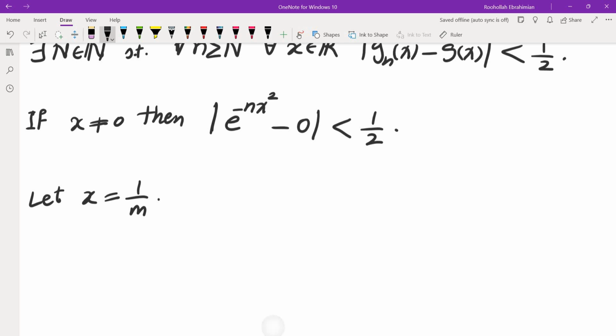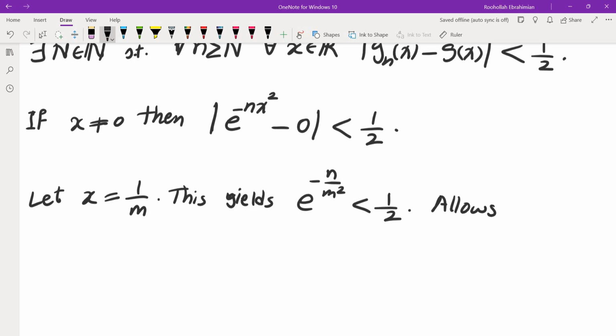This gives us e to the power of negative n over m squared is less than 1/2. Now allow m to approach infinity. For fixed n, n over m squared approaches 0, so that would be e to the 0. So 1 becomes less than or equal to 1/2, which is a contradiction.